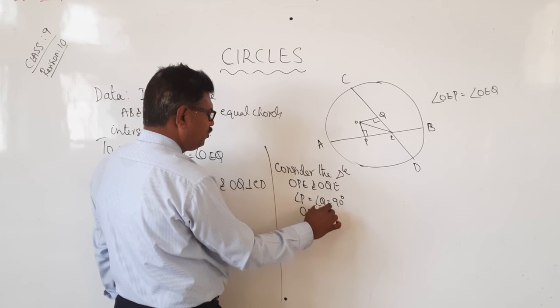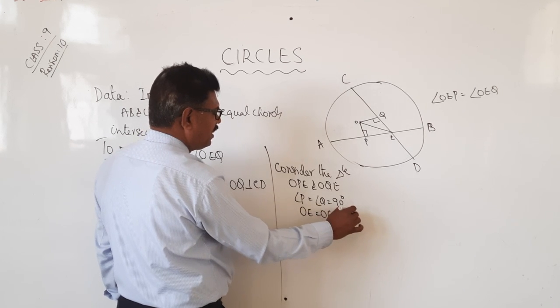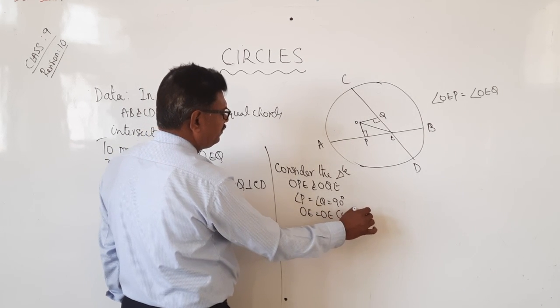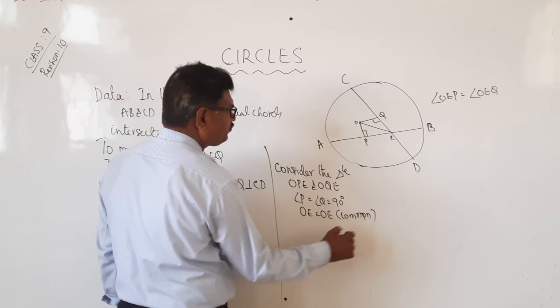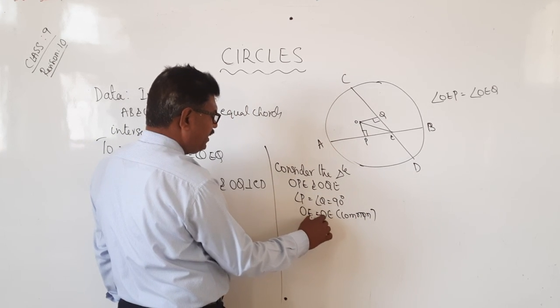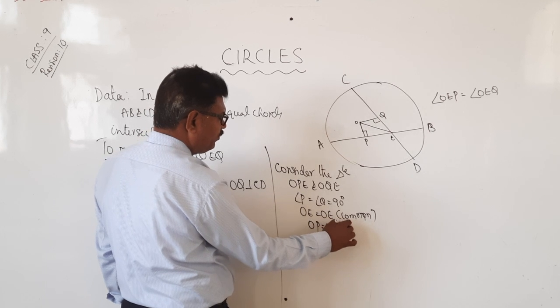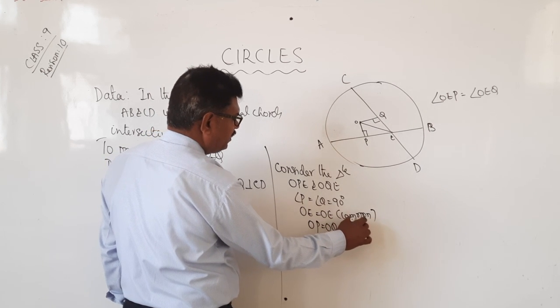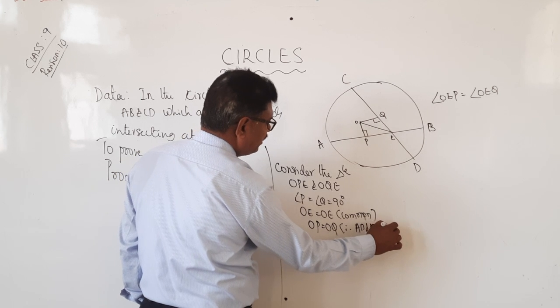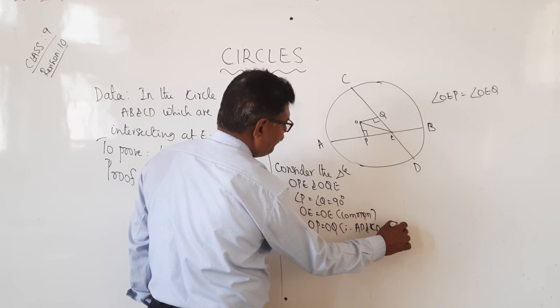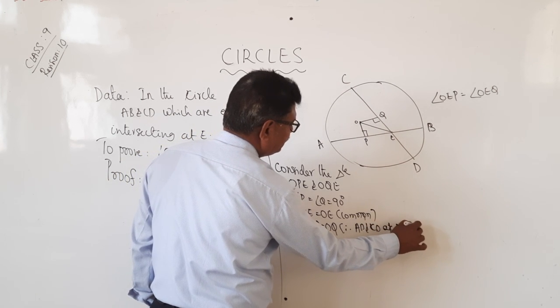OE equal to OE, common side. Right? Yes. Next, OP equal to OQ because AB and CD are equal chords, and the perpendiculars from the center are equal.